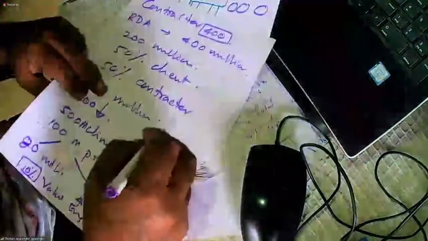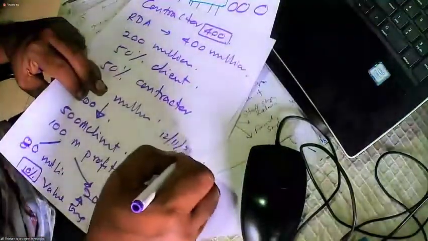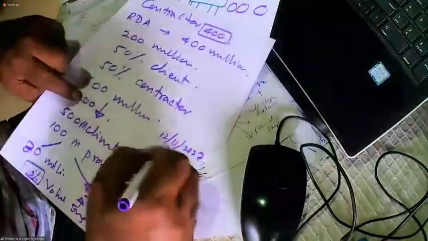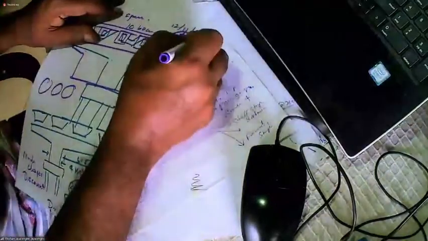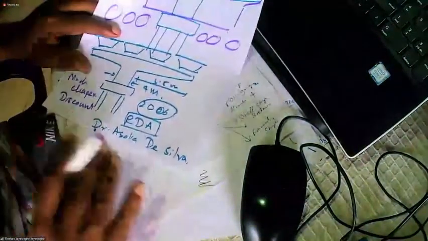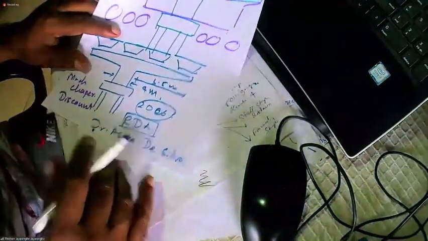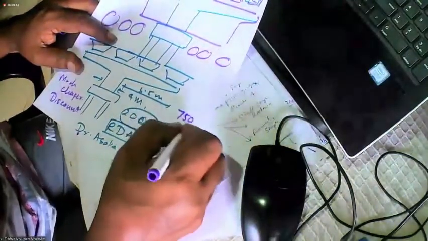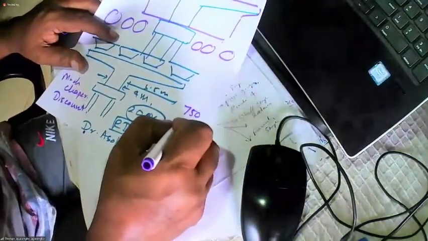And that is 12, 11, 20, 22, and 60. This is 70. Okay. So I think the contractor gave some 40 million discount, and finally the original estimate is for 750 million for this project.